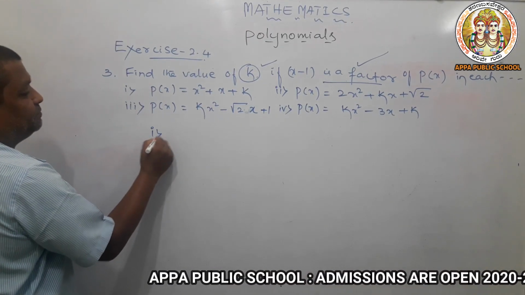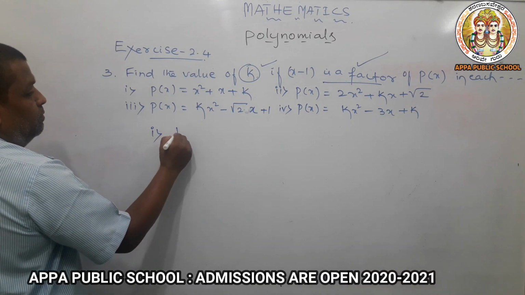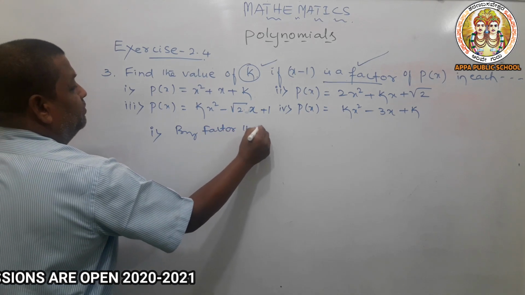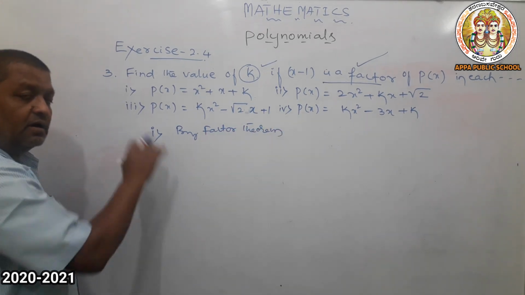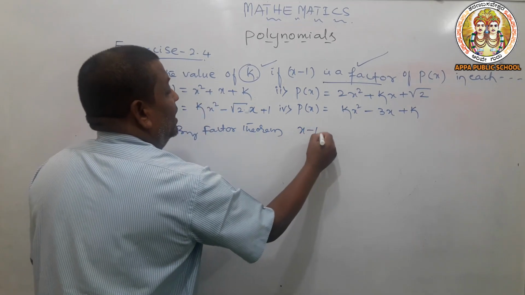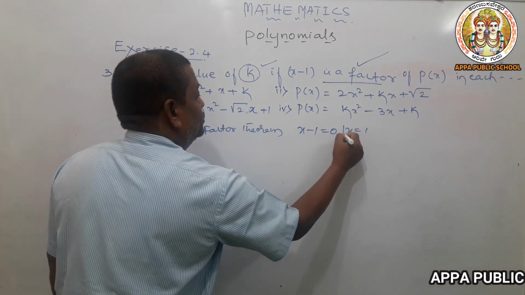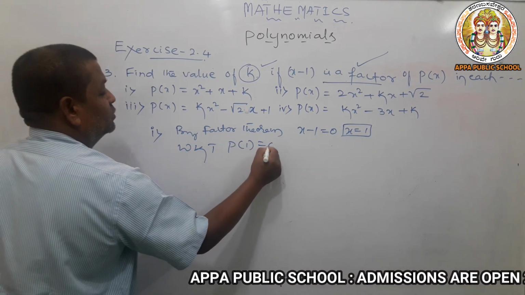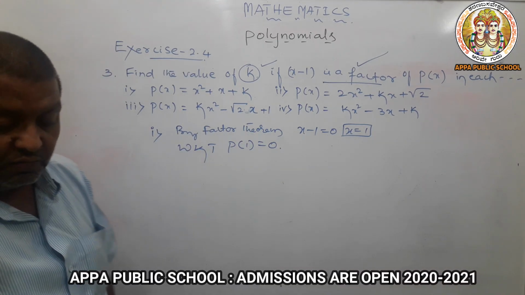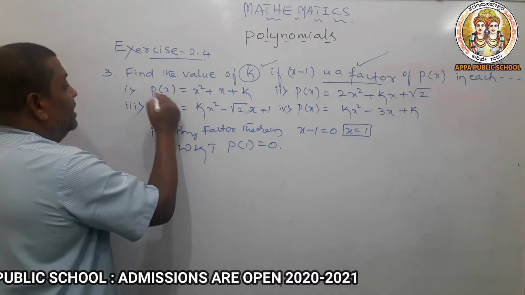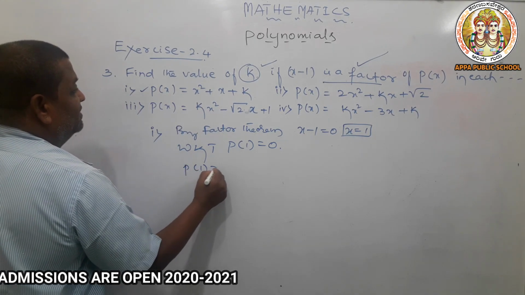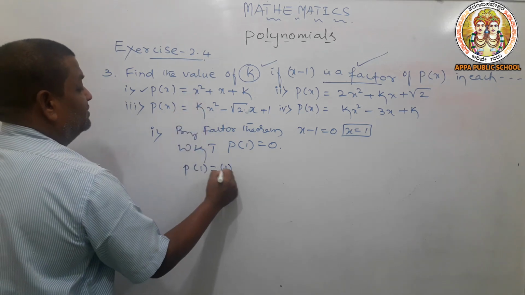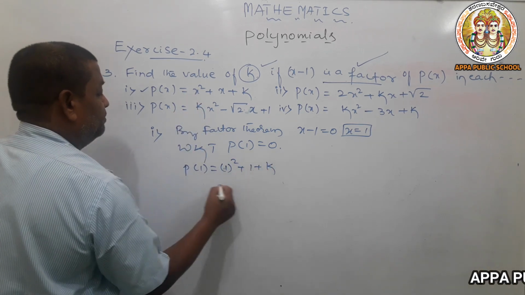Yes, first one. By factor theorem, once you write, and it is the same for all, x minus 1 is equal to 0, then x is equal to 1. We know that P of 1 is equal to 0. Then P of 1 is equal to, substituting, 1 square is 1, plus k.